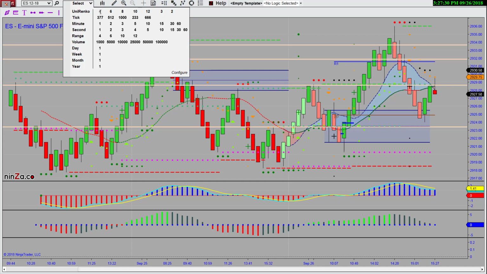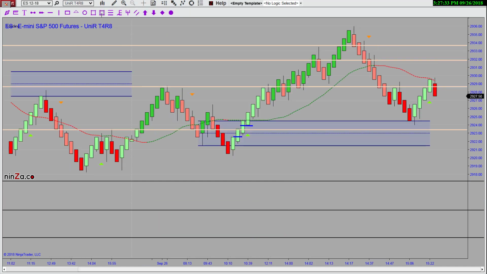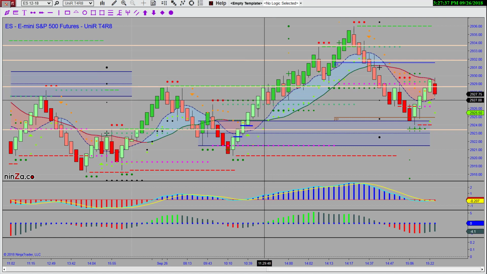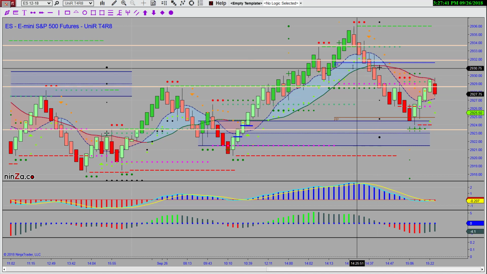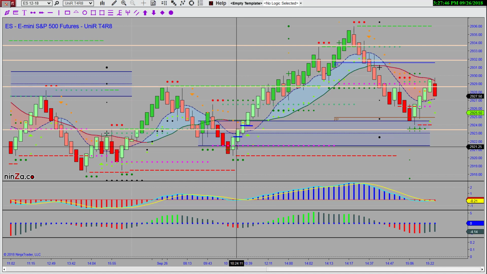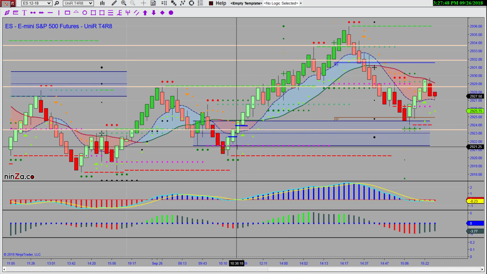Lower number, 4. Now there's almost no overlap in these things, and as it was, I got 1, 2, 3, 4 signals in a day instead of 3. And it's starting to get a little herky-jerky here.